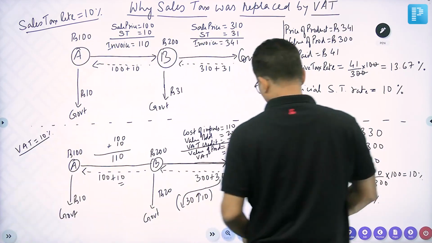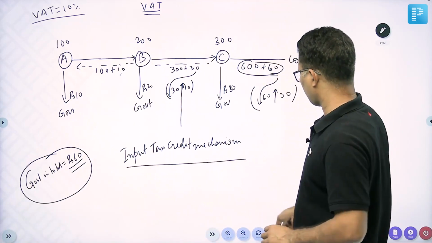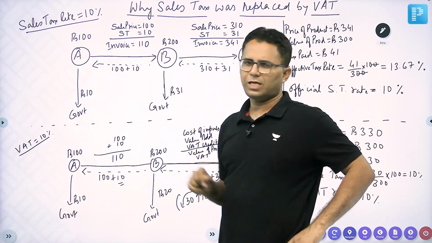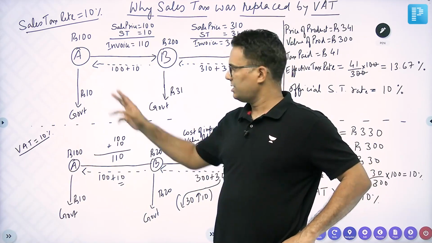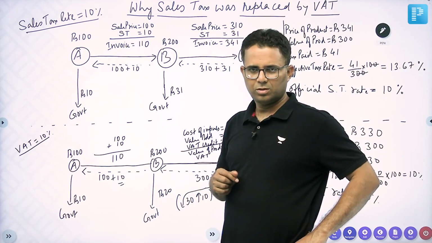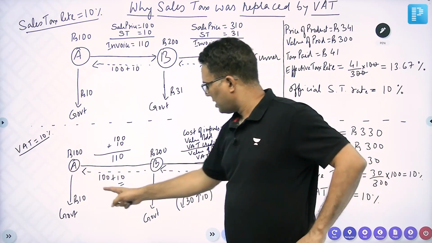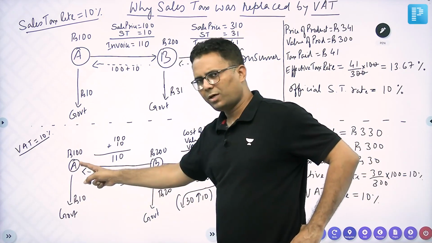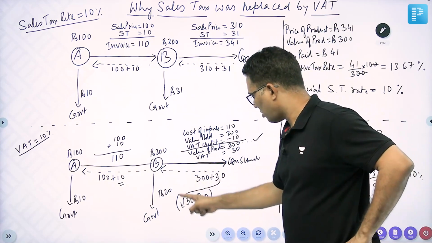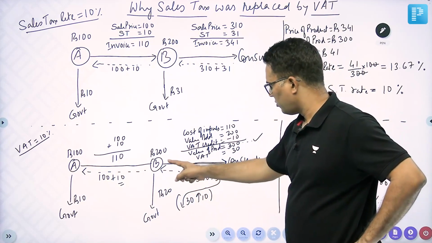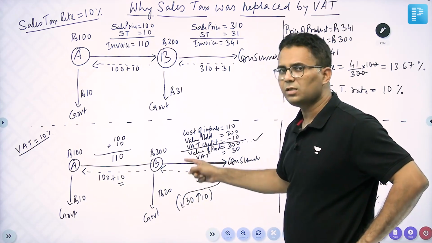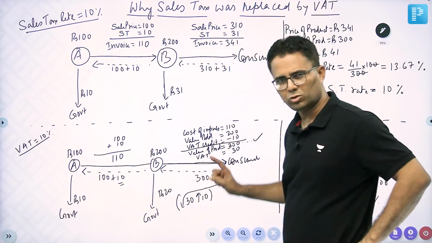And there is a benefit of compliance also here. Suppose by any mechanism A did not deposit tax to the government, so government will lose tax revenue. But here, if A will not deposit 10 rupees tax to the government, then B will not get 10 back, because when B is paying the full tax 30 rupees to the government, then B needs to submit the tax slip to the government.